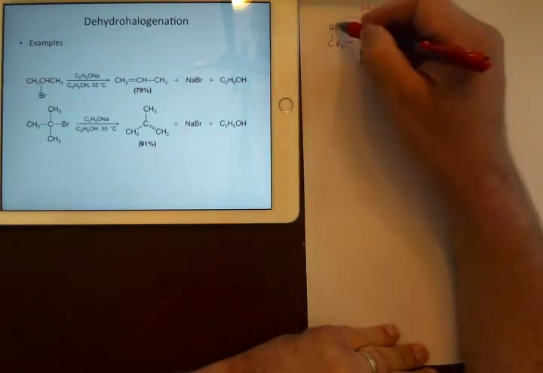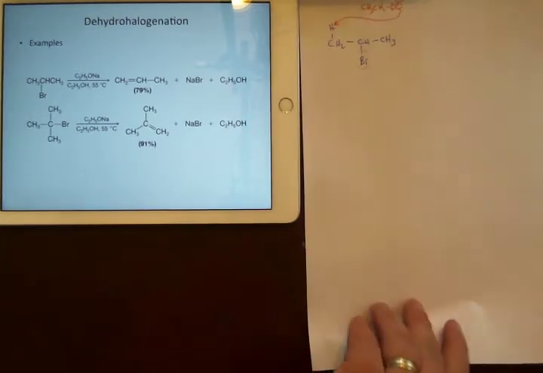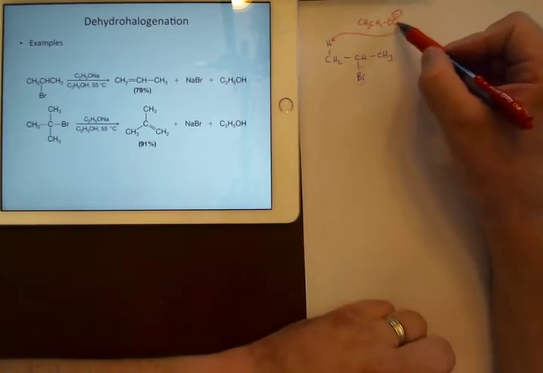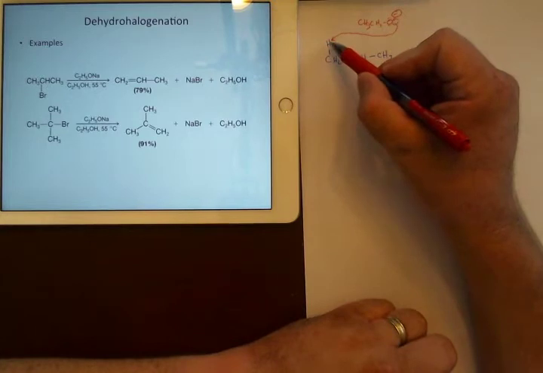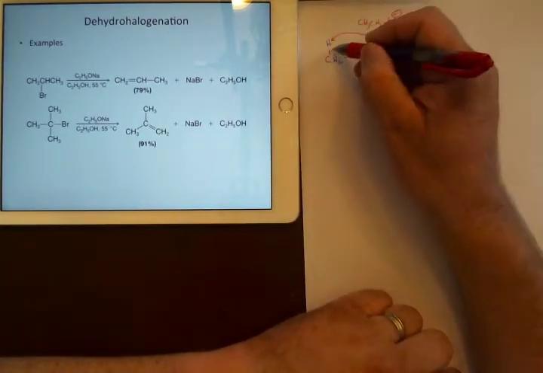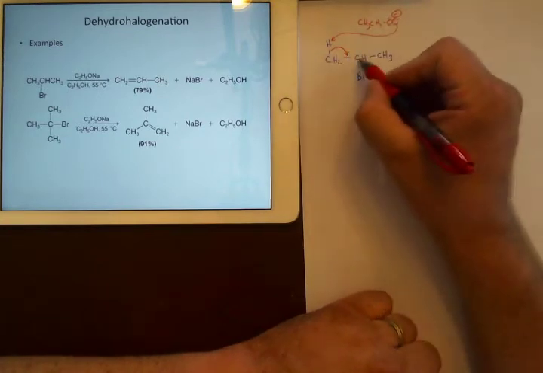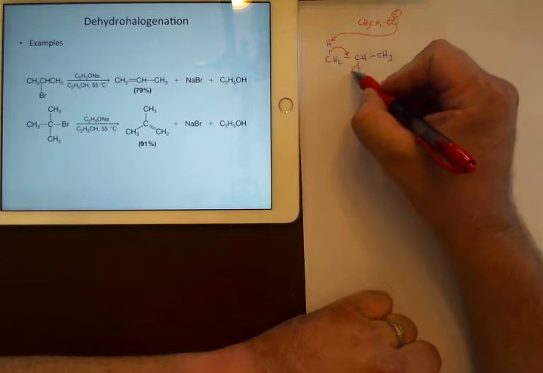It's going to grab that hydrogen, taking one of these sets of lone pairs to make a bond with that hydrogen. It's just a classic acid-base reaction. These electrons can collapse down, and then we can't have a 5th bond to that carbon, so we break this bond here.